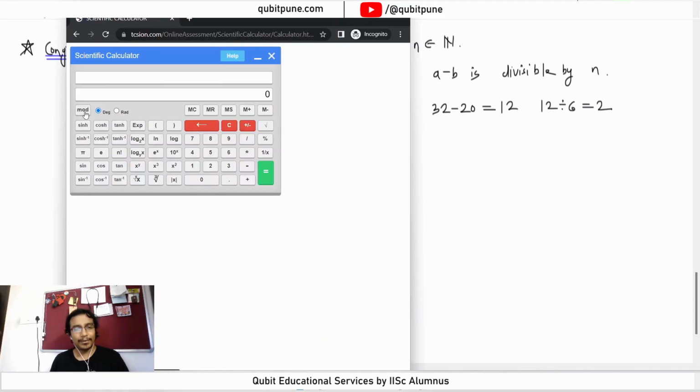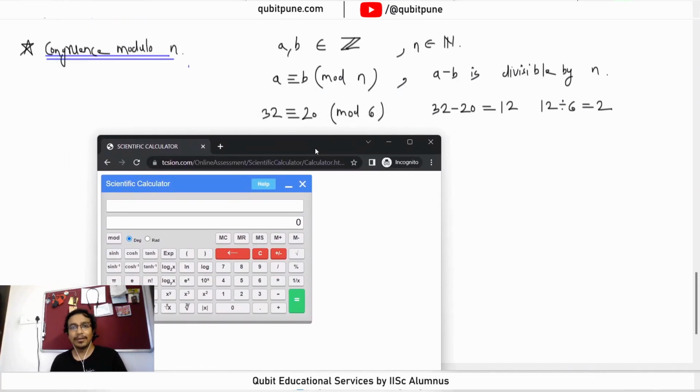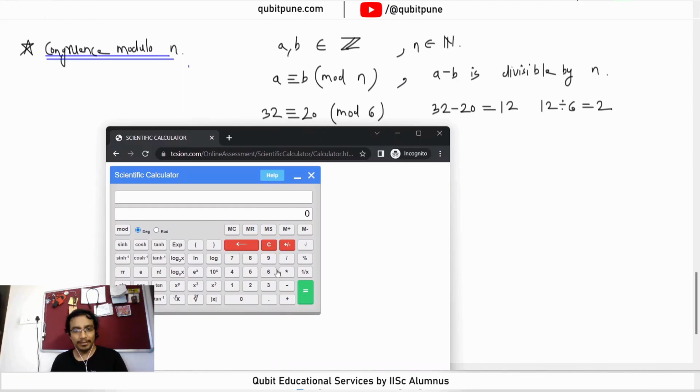See, you see this mod key here? Yes. That mod is basically this mod. 32 is congruent to 20 mod 6. So this basically tells me the remainder that I will get if I divide 32 by 12. Okay?